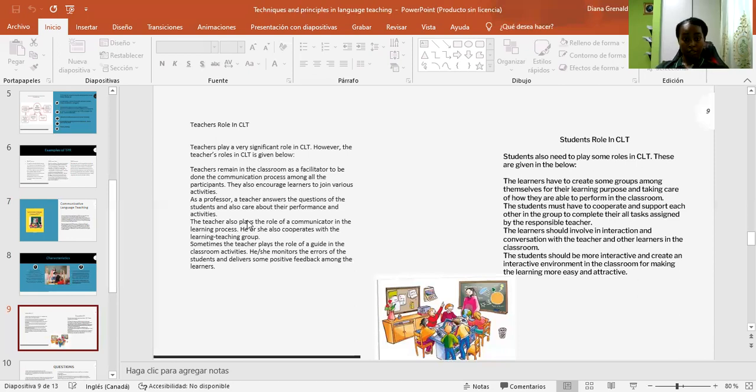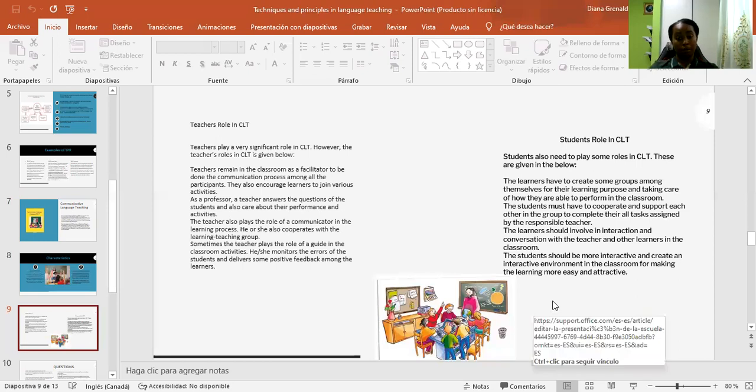As professors and teachers, you should be able to answer any of the students' questions for them to be open-minded or more or less able to understand what you are trying to explain to them about certain topics.